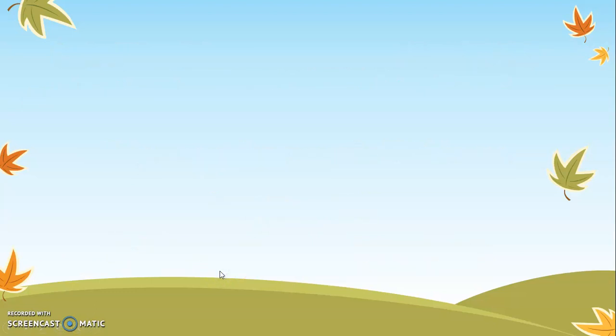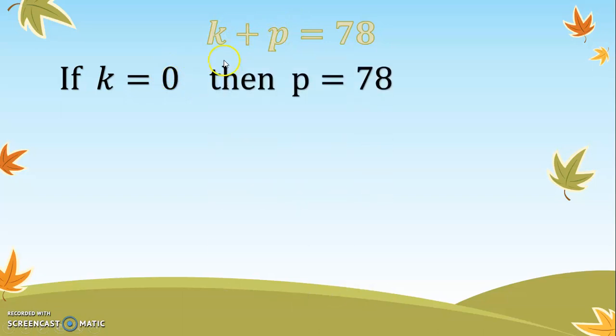So now let us look at how we solve this equation. We have k plus p equals 78. We are supposing we do not know what k is and what p is. So if k is 0, then p is 78.